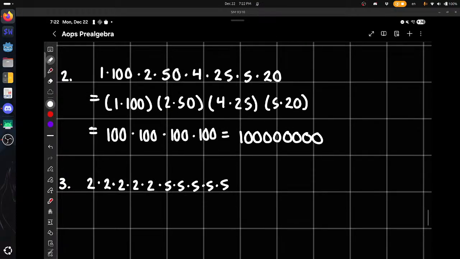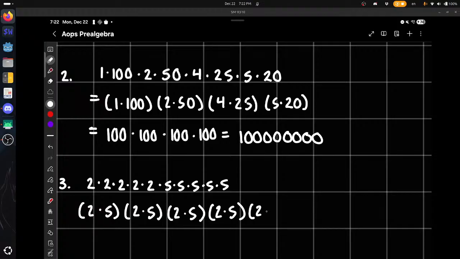Well, we could just use the commutative property and associative property to group them up. So it'll be 5 group terms, and that will all equal 10, which is 1, 2, 3, 4, 5, I believe.